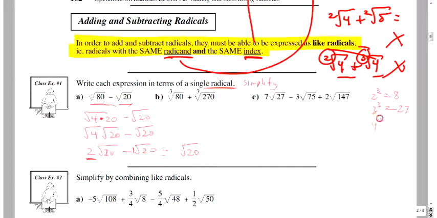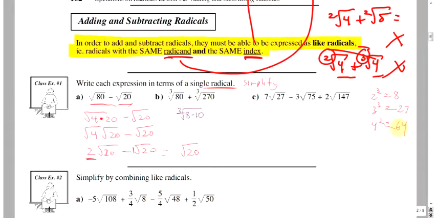Which one of these can we take out of 80? 8. Nice. I want to split this up into an 8, because I can take the cubed root of 8, that's 2.